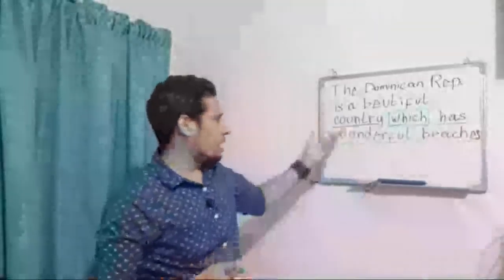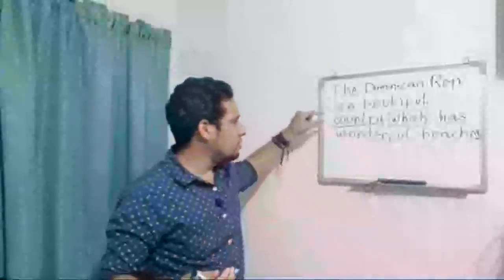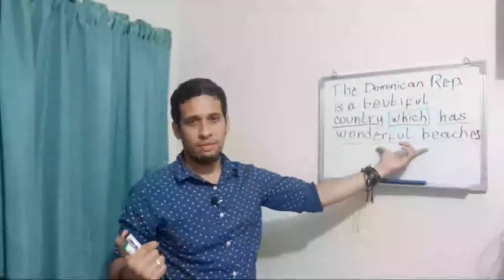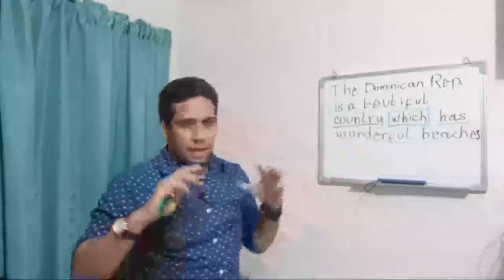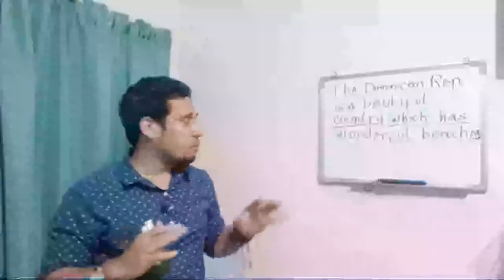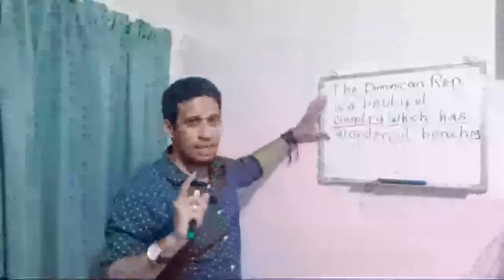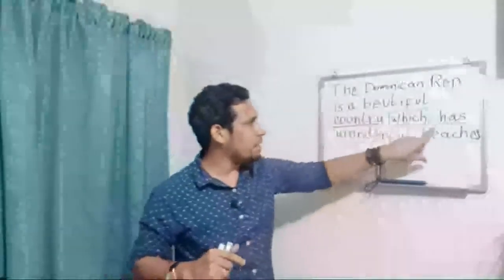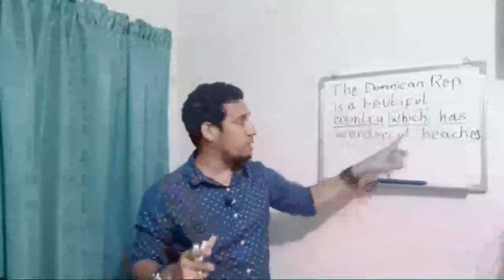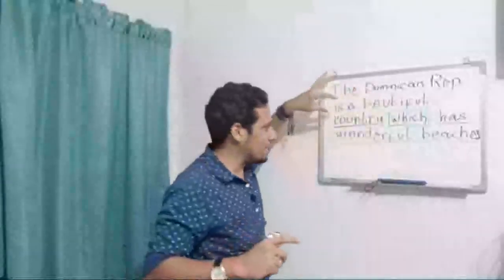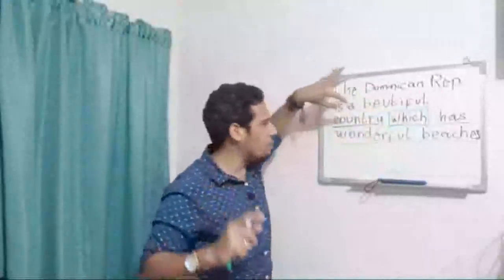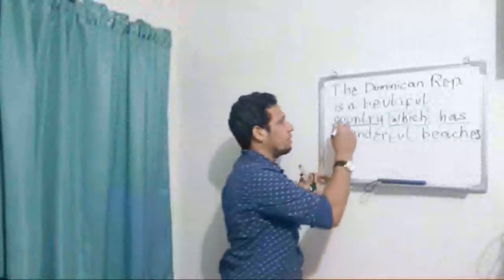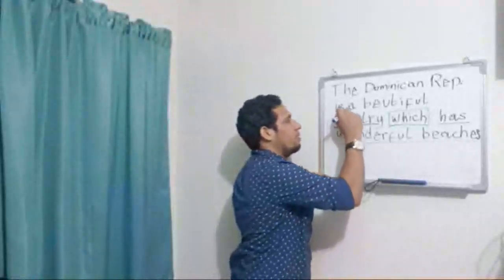O sea que nosotros estamos dando la definición de este noun con este tipo de relative clause. Right? Y es bastante fácil. Cada vez que nosotros tenemos a defining clause, el relative clause estará dirigido la mayoría de las veces al noun. Entonces les voy a poner en color azul para que no se confundan. Aquí que dice noun.